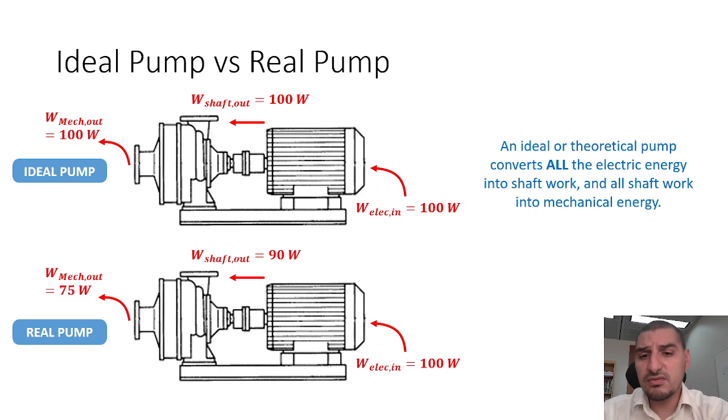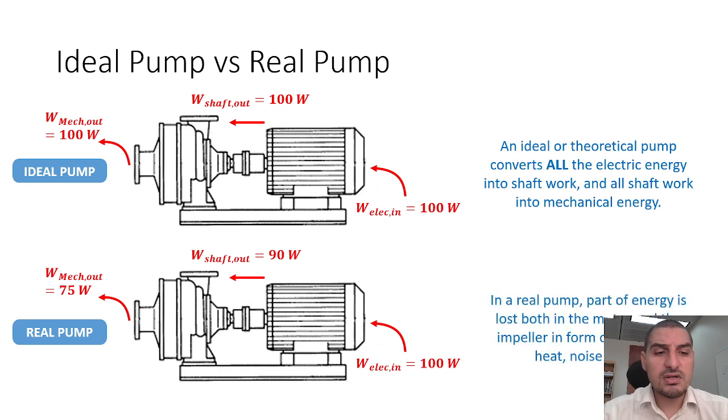And the reason is very, very simple. If you've ever seen a pump or a turbine that's working, you would notice that there is heat coming out of the pump, there is noise, there are vibrations, there are a lot of energy losses that happen. So these losses are what cause the decrease in the energy from electric to shaft, and from shaft to mechanical work.